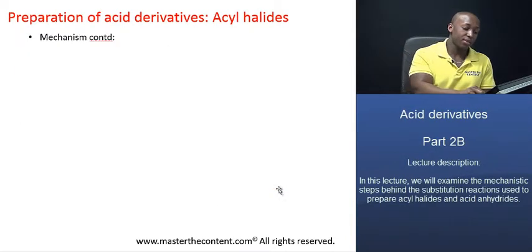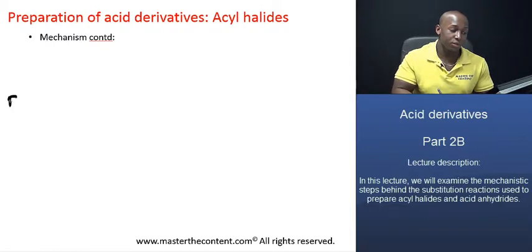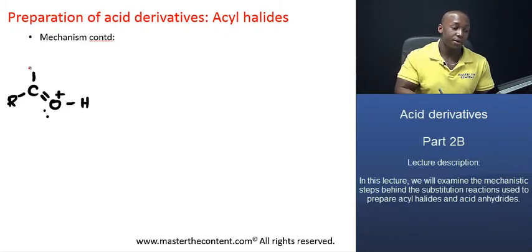Okay, so what happens in the third step is that that intermediate we just formed will then be deprotonated by the very chloride ion that was eliminated from its structure. So I'm just going to quickly once again draw out the intermediate that we finished with on the previous slide.